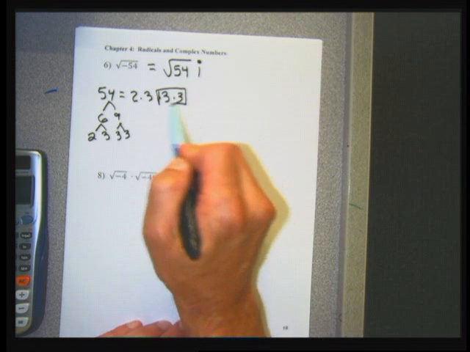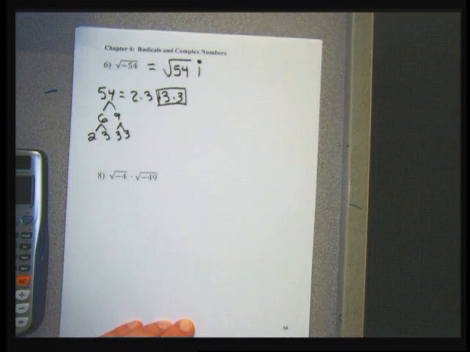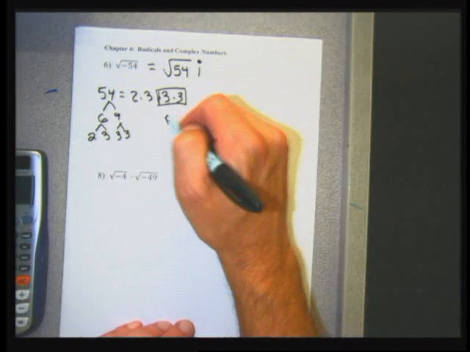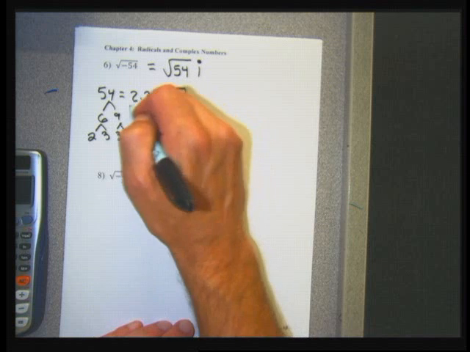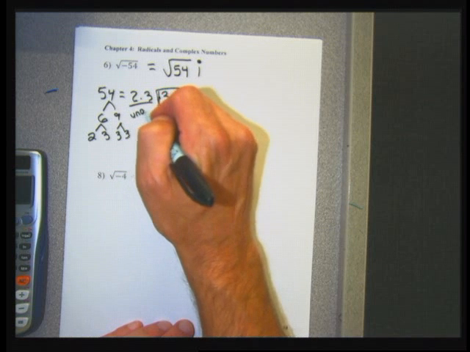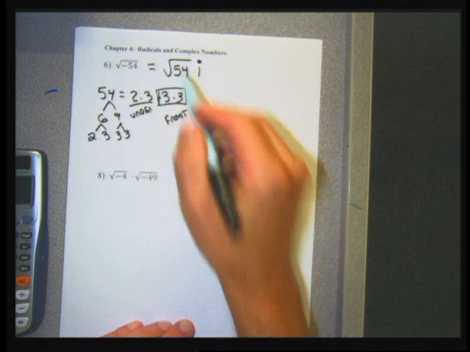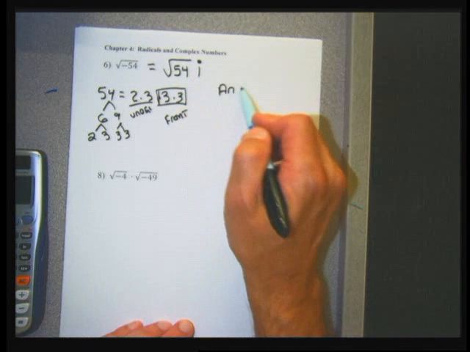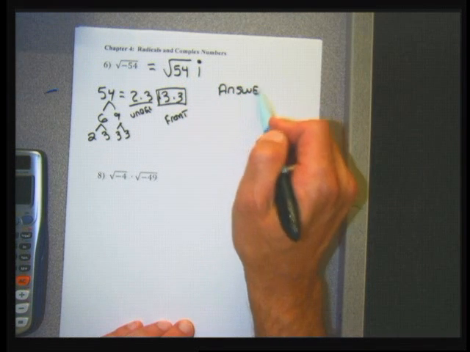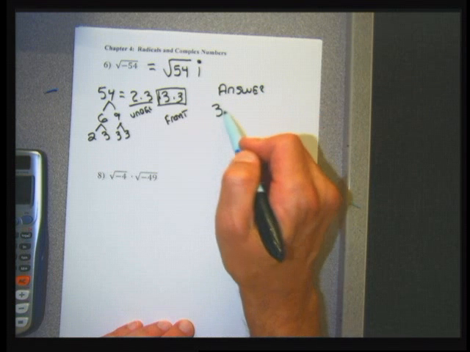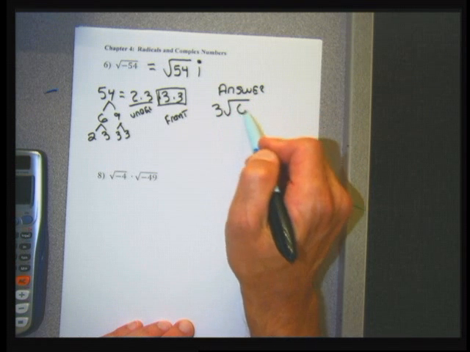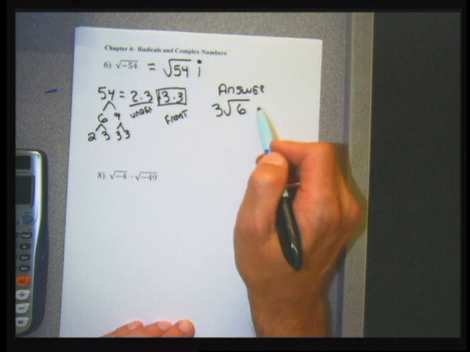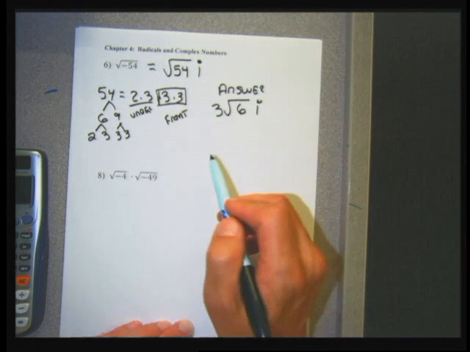And when I go to reduce, whether I have an i or I don't have an i, numbers under square roots reduce the same, meaning if you have pairs, you get them out front, singles stay under and get multiplied. So in this problem, the 54 under the radical is going to break down so that I get a 3 in front of the radical for the pair of 3's, a 6 under, and then an i after but not under the radical.